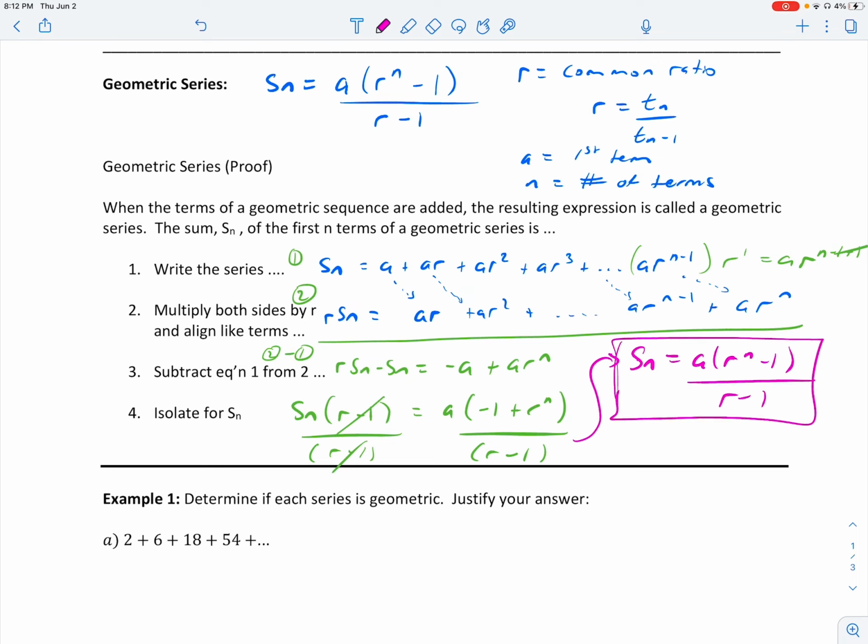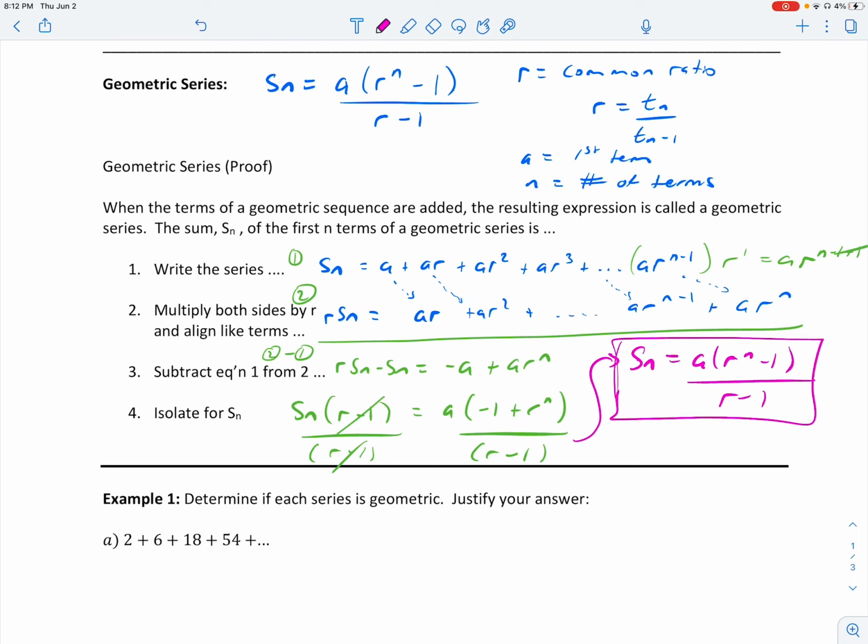So it's derived in a similar way to the arithmetic series, where we write out the sequences and then try to isolate for Sn by working with those equations. Like I said previously in the last lesson, you don't have to do this on the text. It's just kind of nice to see where these equations might come from.